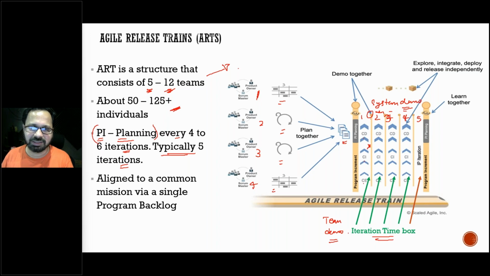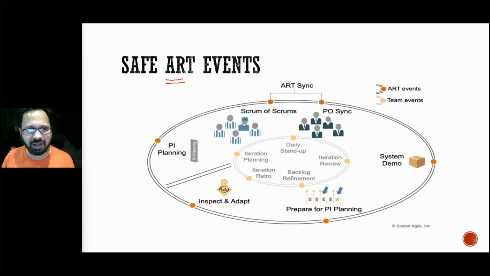Okay, you can provide a system demo. So at a high level, what is a feature? Feature is nothing but a bunch of user stories. If you have completed all the user stories, then you complete a feature, and then you can show a system demo and you can collect the feedback, right? And they learn together. So these are the SAFe ART events.